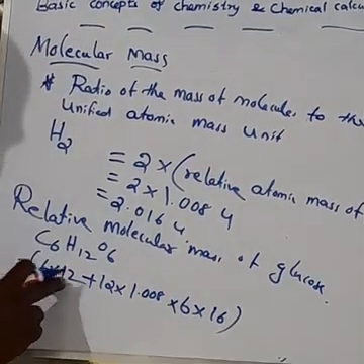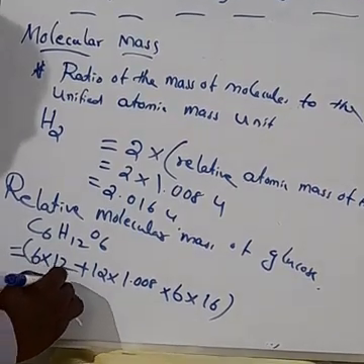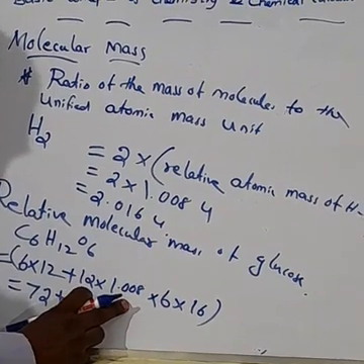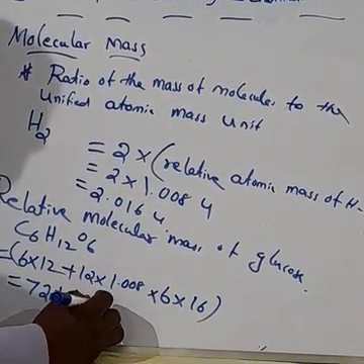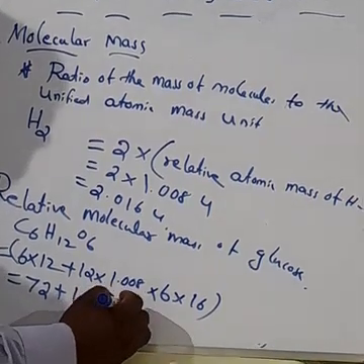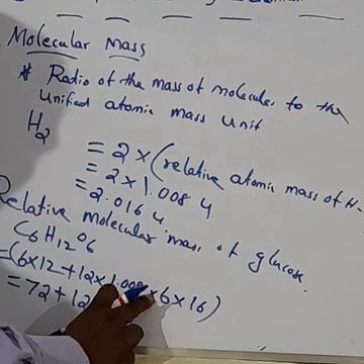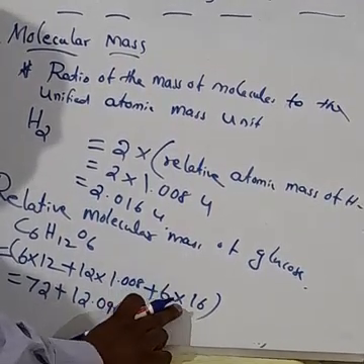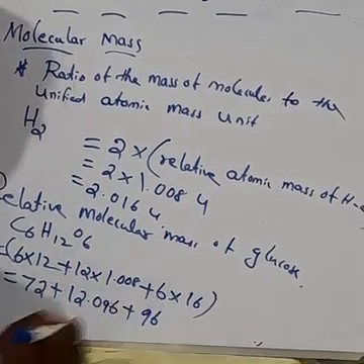So 6 into 12 is equal to 72, plus 12 into 1.008 is approximately 12.096, plus 6 into 16, that is equal to 96.